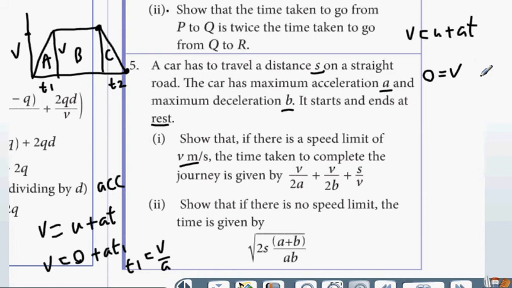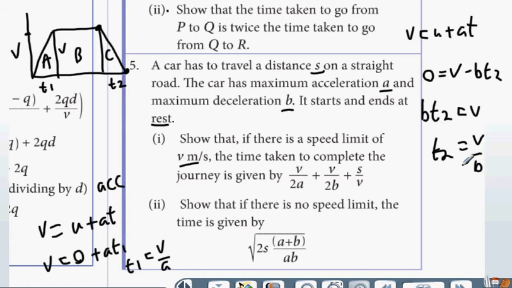So deceleration is going to be minus bt2, deceleration of b. And when you work that out, you're going to get bt2 equals v, t2 equals v over b. Is that right with us?